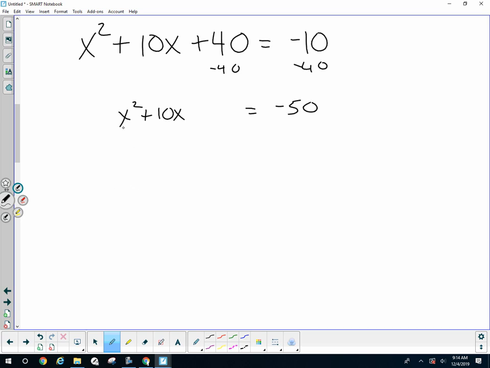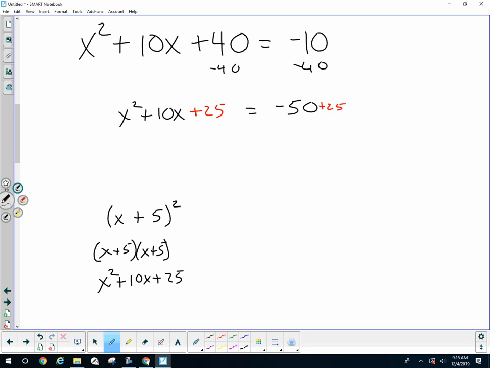Now, I know that when I square x plus 5, which is x plus 5 times x plus 5, I get x squared plus 5x plus 5x, which is 10x plus 25. So I know this needs to be an x plus 5. I know I need to add 25 to both sides.